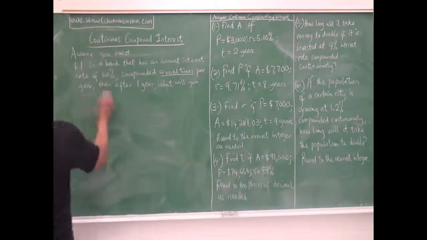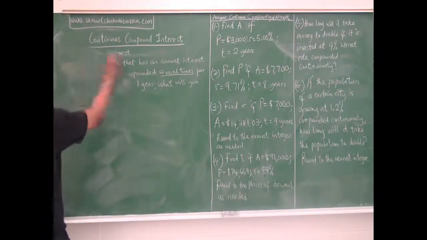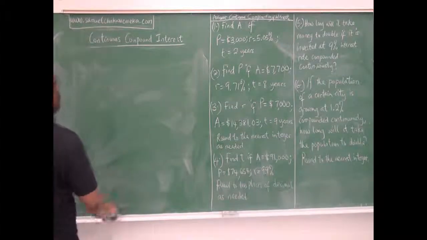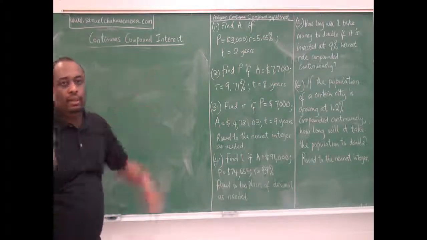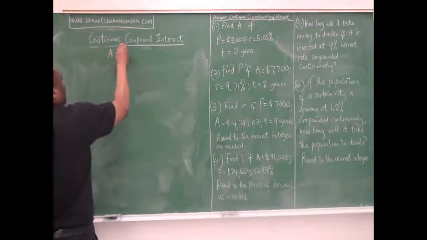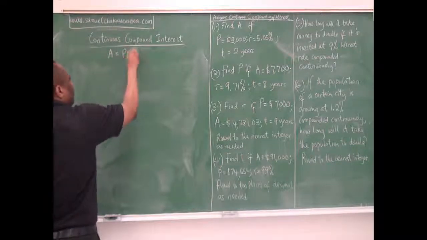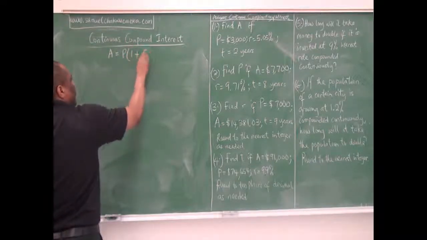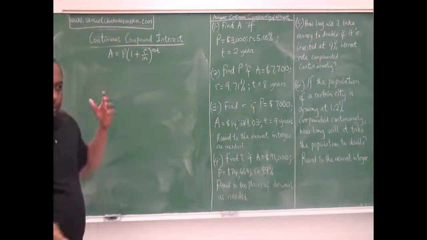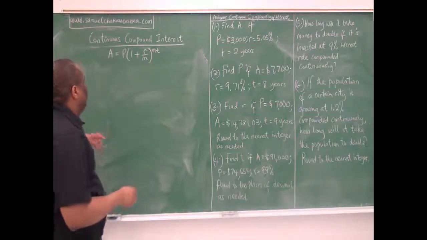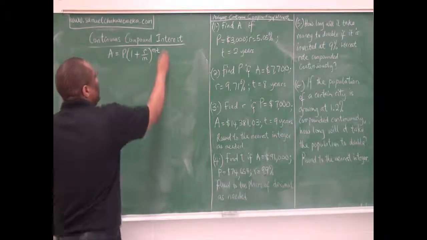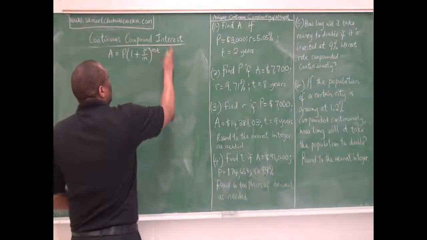You can pause the video to write it down. So let's start with the compound interest formula: A = P(1 + r/m)^(mt). From the question we asked, P is $1.